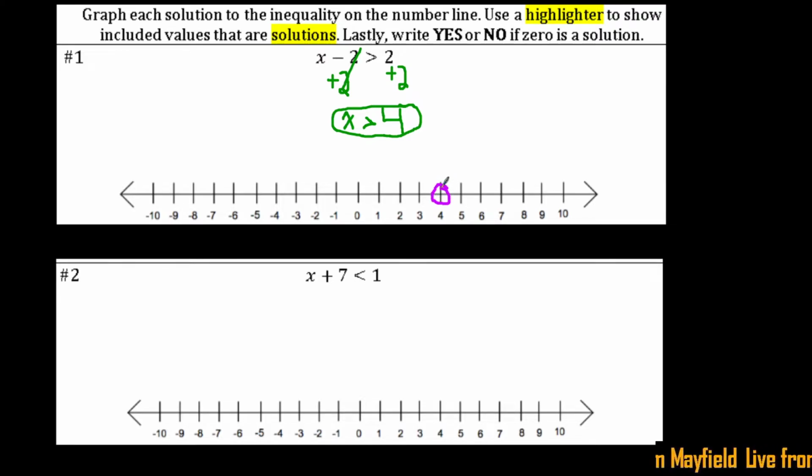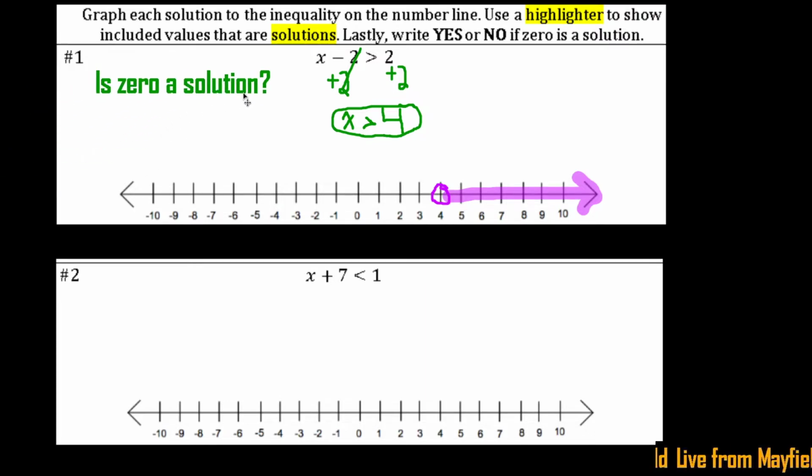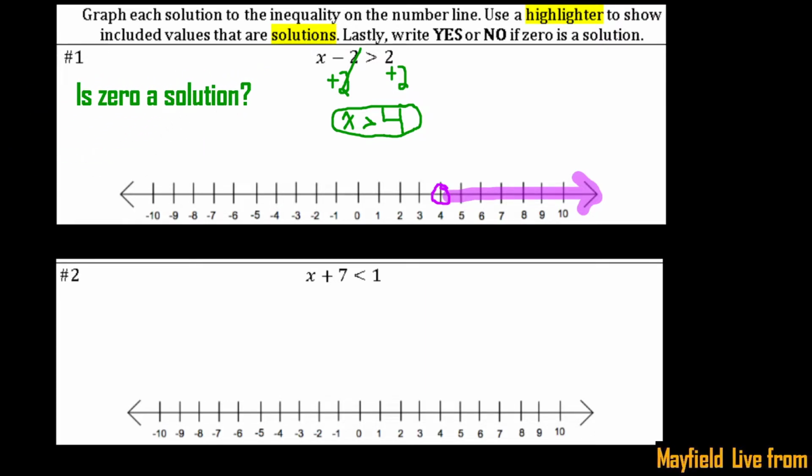Now, I can match the direction of my inequality symbol since my variable is on the left side, and so it's pointing that all values greater than positive 4. And then I would say, okay, is 0 a solution? Well, no, where's 0 at? Is it highlighted? No, it is not. So we could say no for this one.